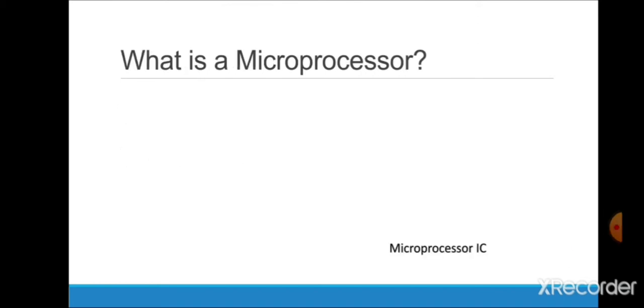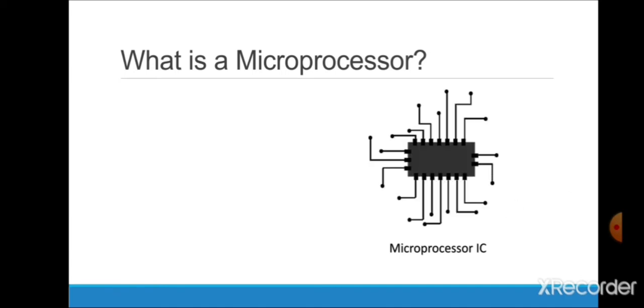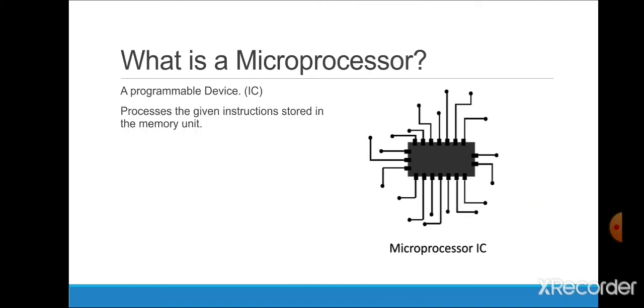Now let's go through the basic definition of a microprocessor. A microprocessor is a programmable device, meaning we can program it according to the requirement of the application. According to the need, we can make the program execute.